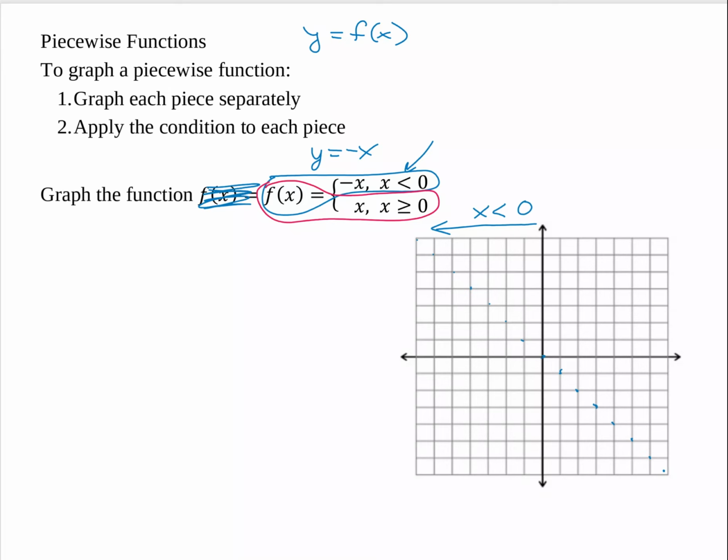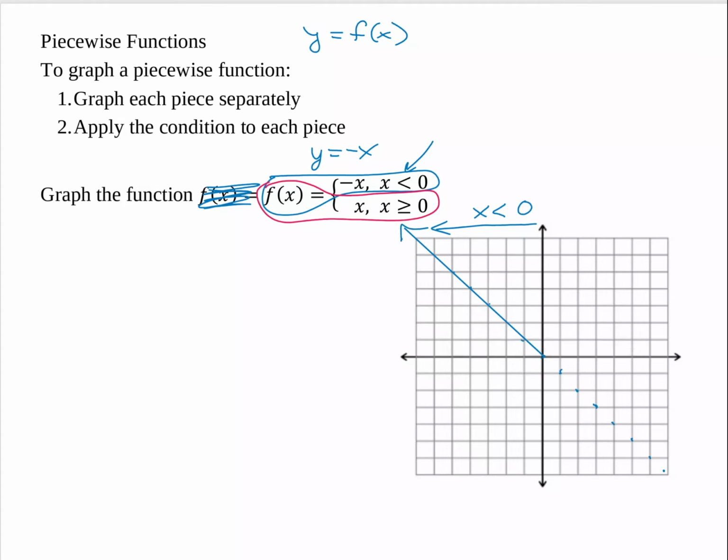So when I go to draw my actual line, I'm going to start where x is 0, which is on the origin here, and I'm going to draw my line to the left. Not up, to the left. There's a difference.